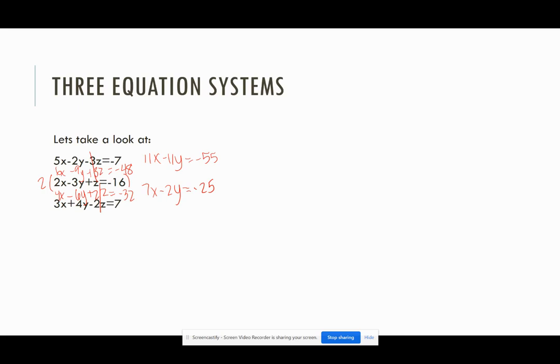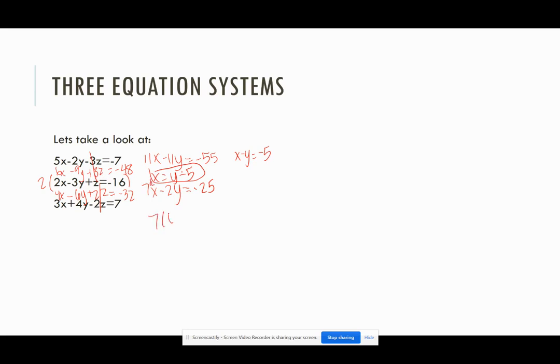So I can do it by elimination if I want, but for me, I feel like this could be used as substitution. So if I divide everything by 11, I get x minus y equals negative 5. Add y over, and I get x equals y minus 5. So I'm going to take that and plug it in here.